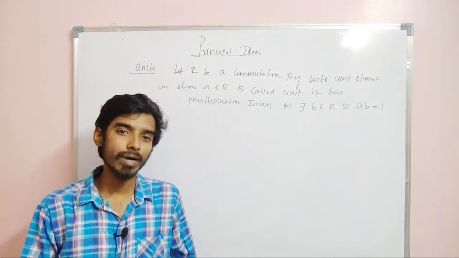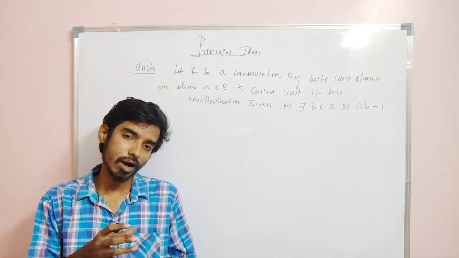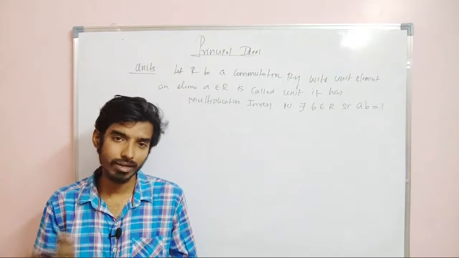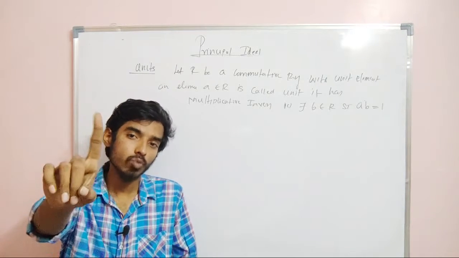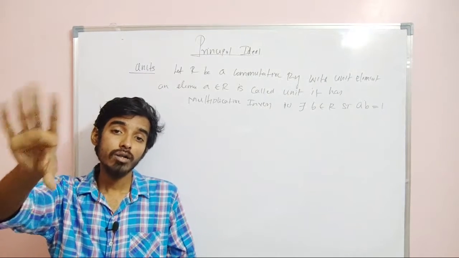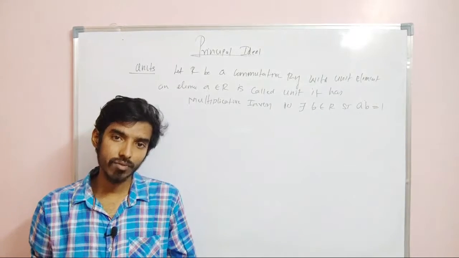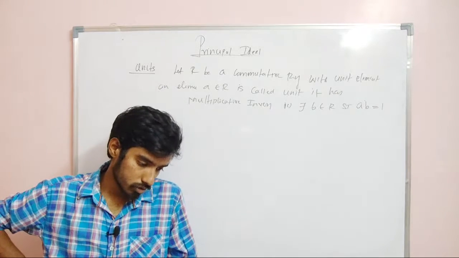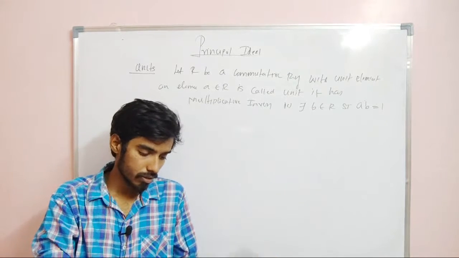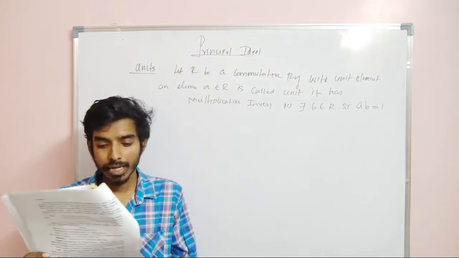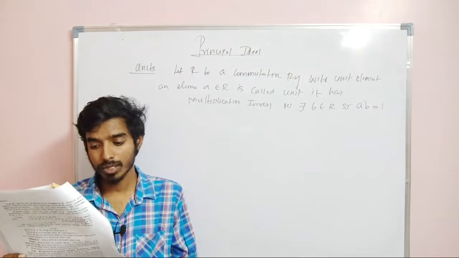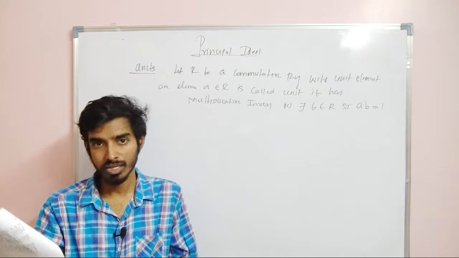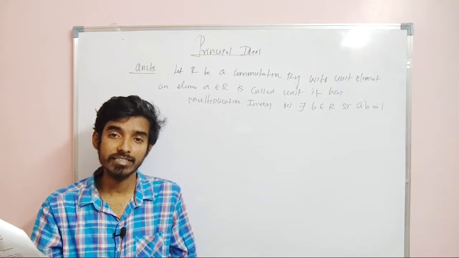Under multiplication, you just collect all the elements that have a multiplicative inverse, then those elements are called units. Unity means 1; units means all those elements which have a multiplicative inverse. The student should not confuse a unit with the unit element or unity element of the ring R. There may be more than one unit in a ring.